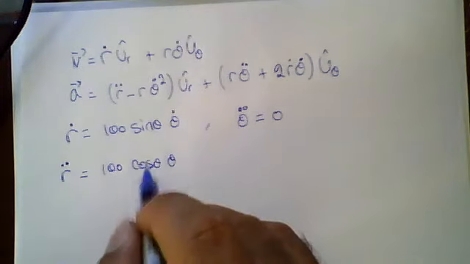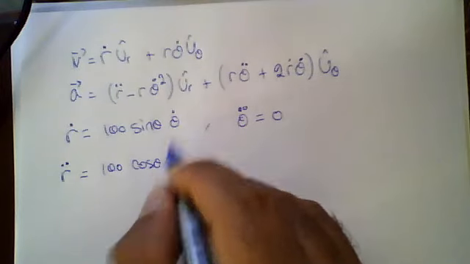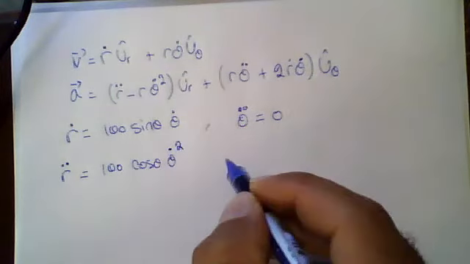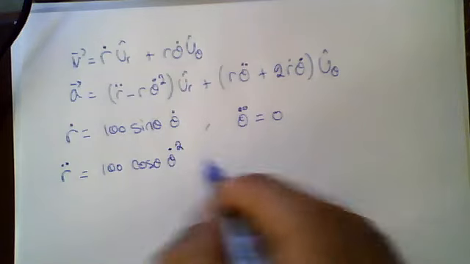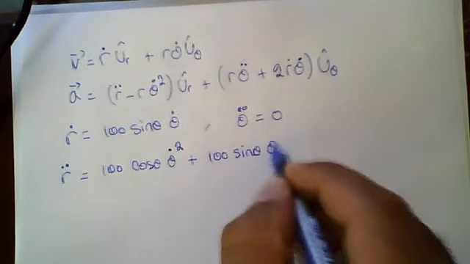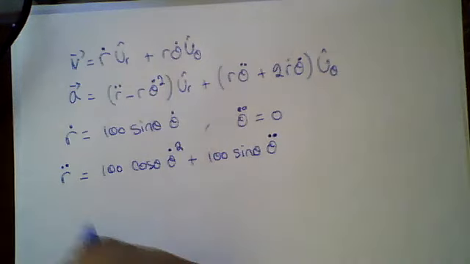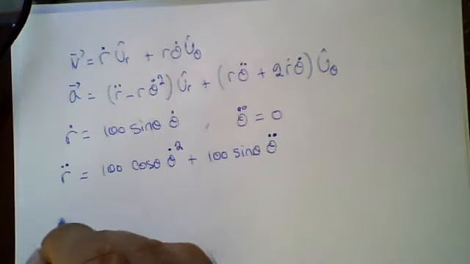When you differentiate sine theta, it will be cosine theta times theta prime. But we already have a theta prime here, so theta prime squared. Yes. Plus 100 sine theta double dot. Are we good? And u prime v plus v prime u.